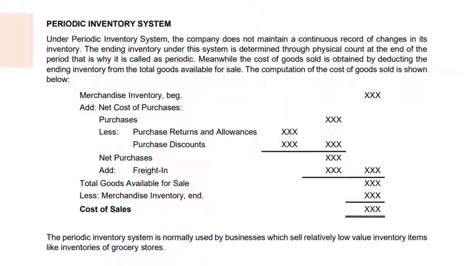You start with the beginning merchandise inventory, then add the purchases, deduct the returns and allowances and discounts, then add the freight in or the transportation in, and then deduct the ending inventory to get the cost of sales or the cost of goods sold. The periodic inventory system is used by businesses which sell relatively low value inventory items, like the inventories of grocery stores.